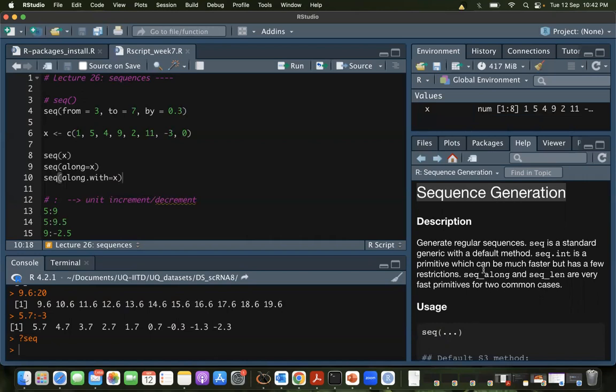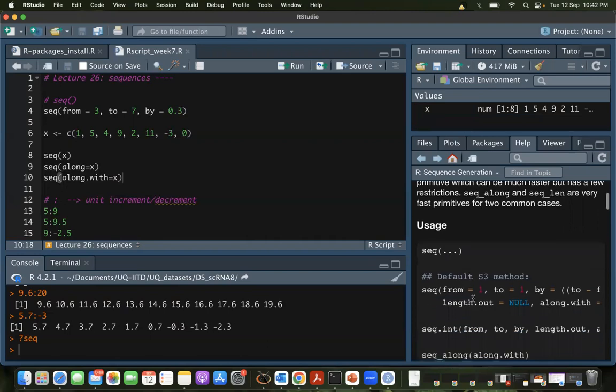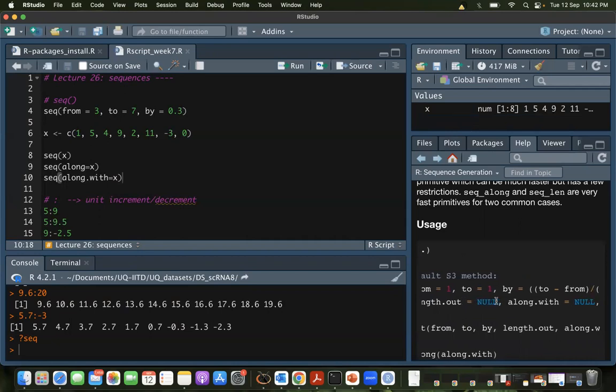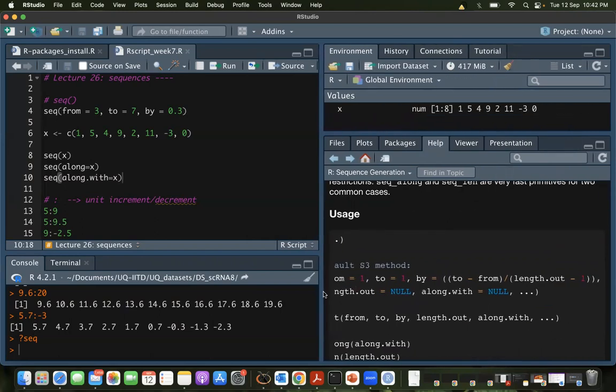It's going to give you a description and the usage. So it has all these arguments: from, to, and by. By is actually that increment or decrement. You no longer have to have an increment or decrement of just one unit. It can be decimal numbers, 5, 6, -8, 8.3, anything.